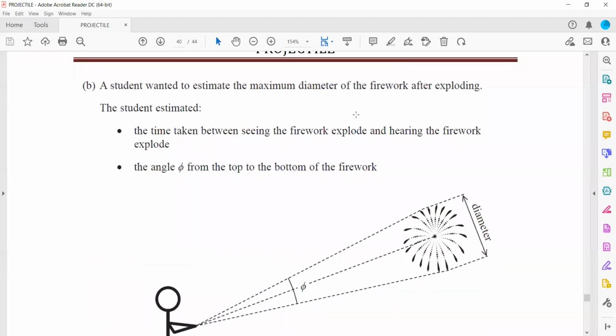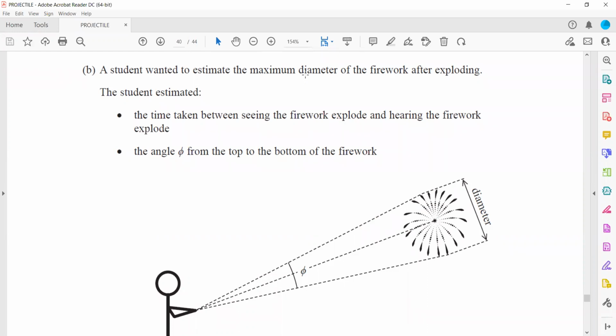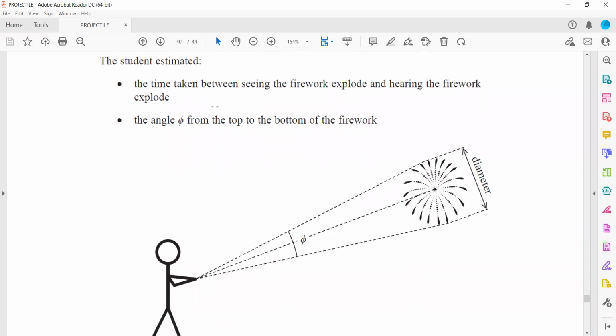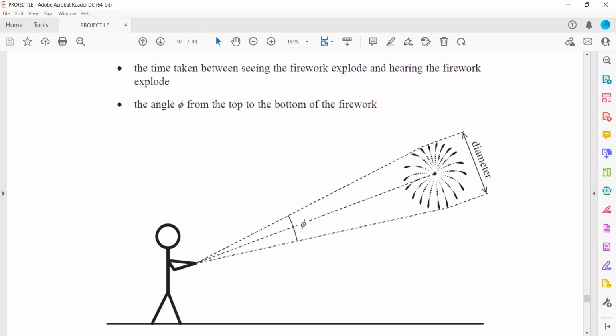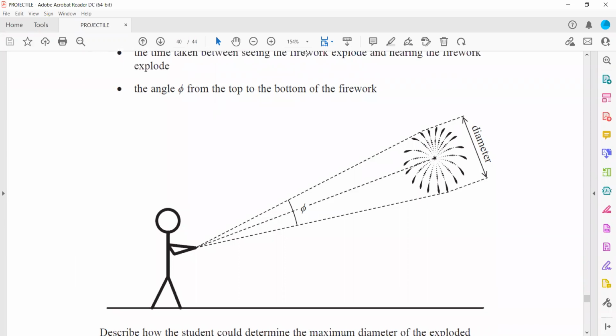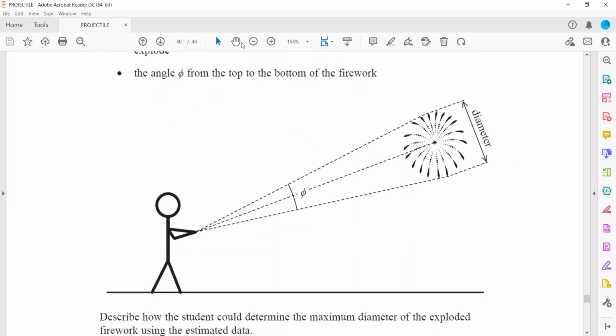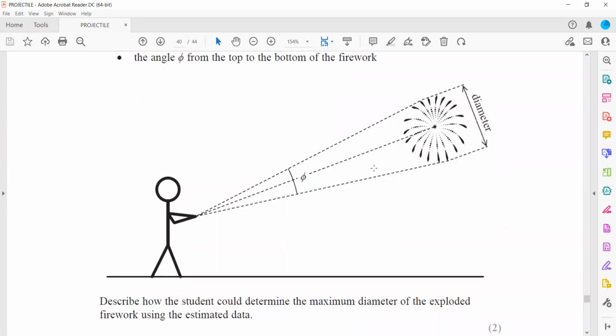Question 33. A student wanted to estimate the maximum diameter of a firework after exploding. The student estimated the time between seeing the firework explode and hearing the firework explode, and the angle phi is there from top to bottom. The question is to describe how the student could determine the maximum diameter of the exploded firework.